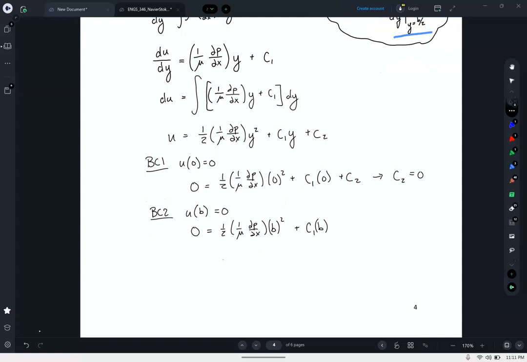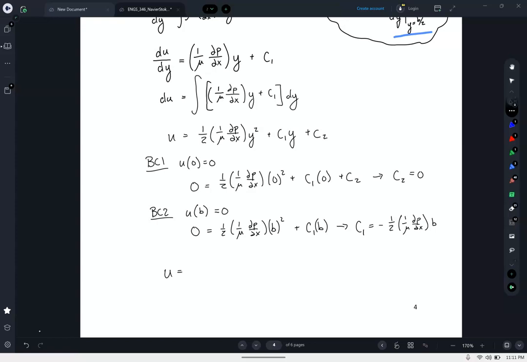A little bit harder to solve, but we can solve this for c1. Not really too bad. So c1 must equal negative 1/2 1 over mu dp dx b. Now we plug that value of c1 back into u, and we can get our answer.